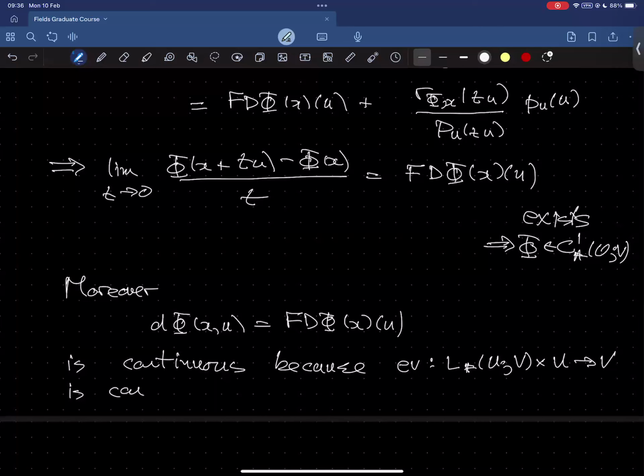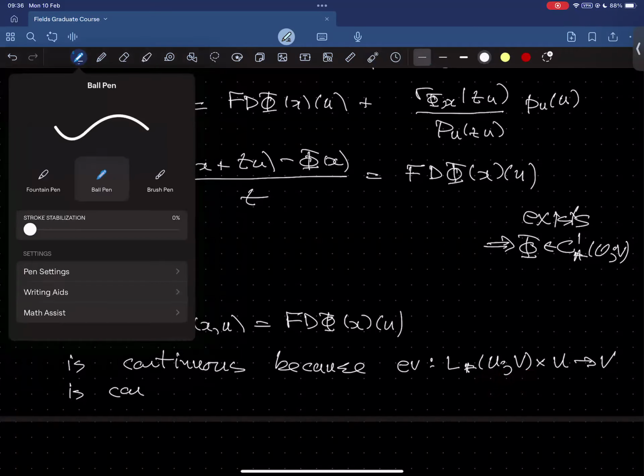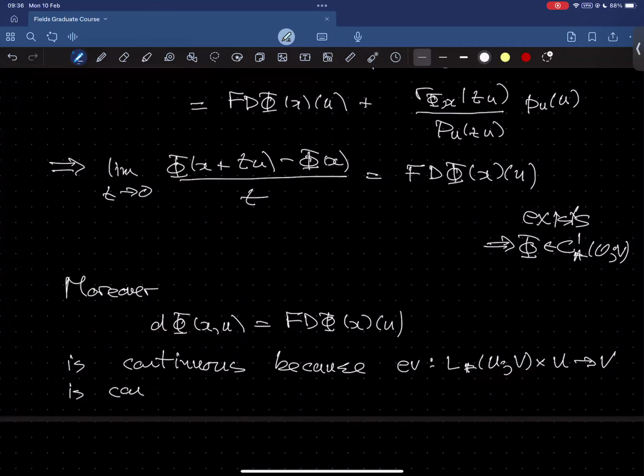It's continuous specifically because U and V are normed. It's not generally true when U and V are not normed. Does that make sense? All right, so that's one direction for k equals 1.